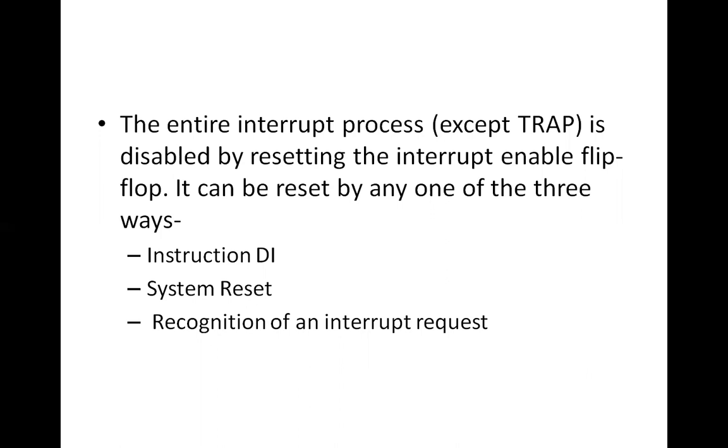Or if the processor has already recognized an interrupt request, and since it is entertaining the interrupt request of a particular device through an interrupt line, it is going to automatically reset the interrupt enable flip-flop. So besides that, we have 3 more ways by which we can set or reset the interrupts. But all these processes are used to reset all the interrupt lines.